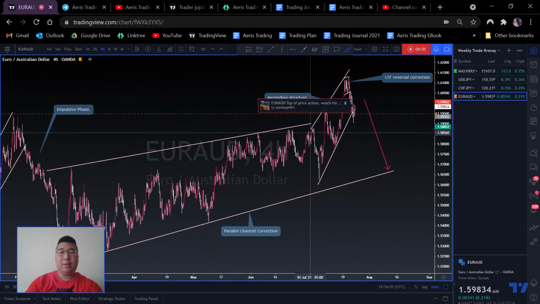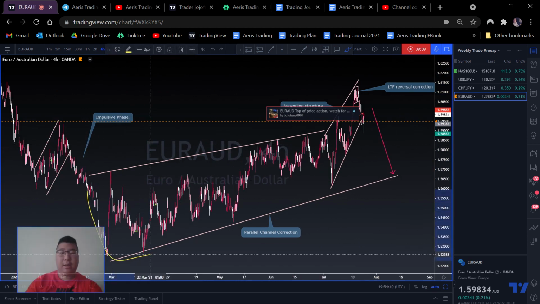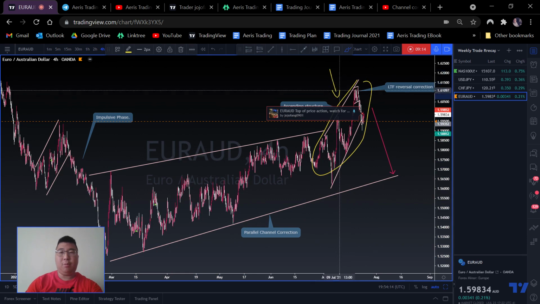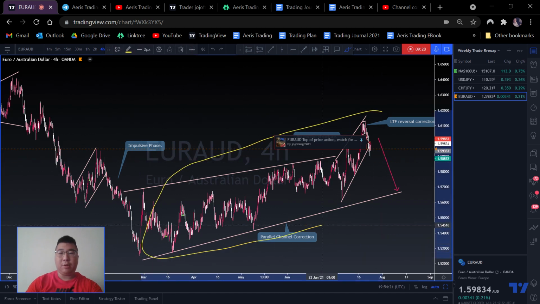Well, it depends on how you see it, because this is what we call pattern separation. There is a pattern here, a structure here, and then another pattern here. But this is more of an extension of this parallel channel. The overall bearish bias is there. The overall corrective structure is there.